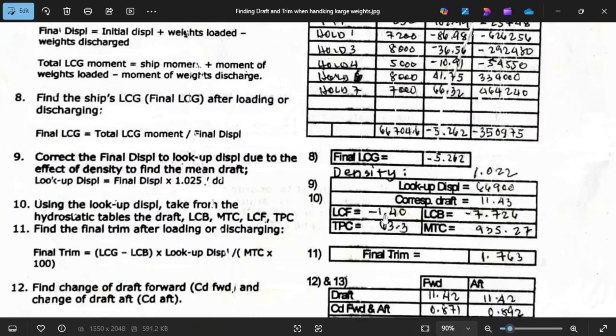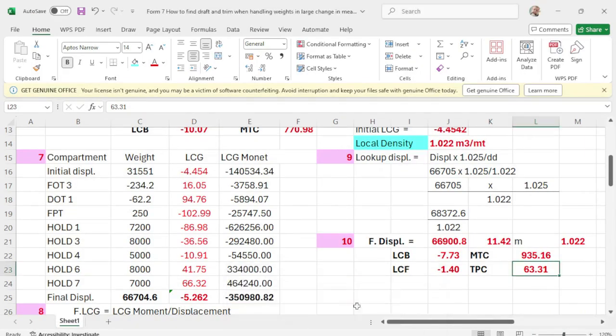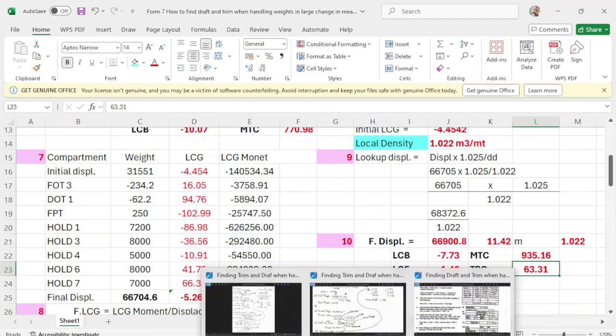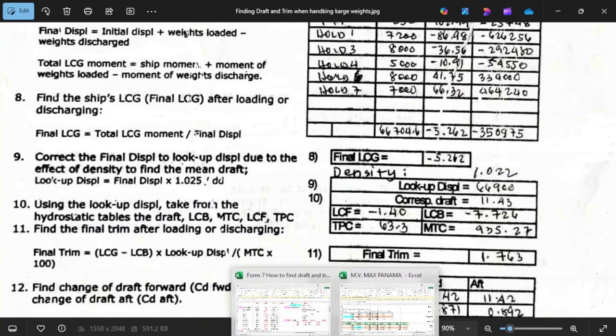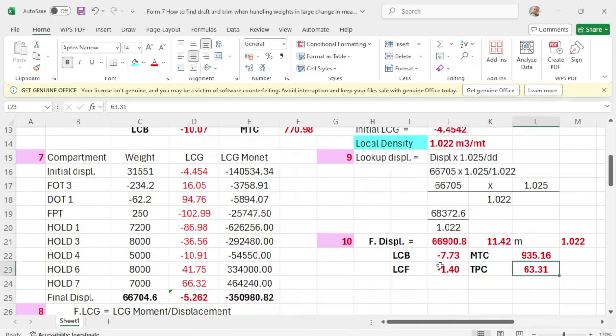His LCF is negative 140. I got negative 140. His LCB is negative 7.726. I got negative 7.726, so round it up to 7.73.